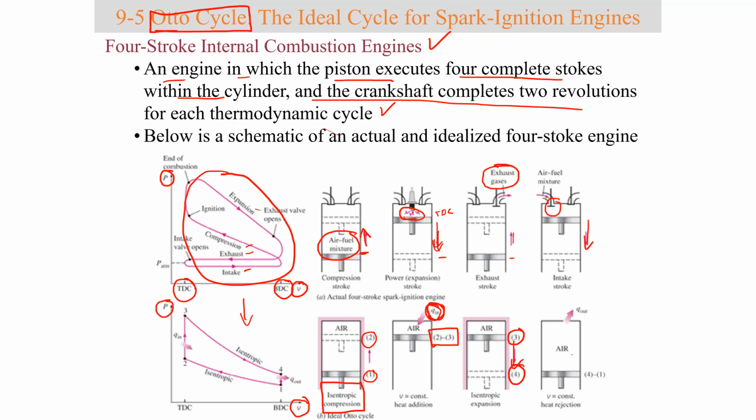And then process 4 to 1, instead of having the intake of the air-fuel mixture, we're going to have just constant volume heat rejection, right? So when you actually exhaust the gases and take in an air-fuel mixture, you're basically making the temperature inside the piston-cylinder assembly go down, because the exhaust gas is hot and the air-fuel mixture is at outdoor temperature, a lower temperature.